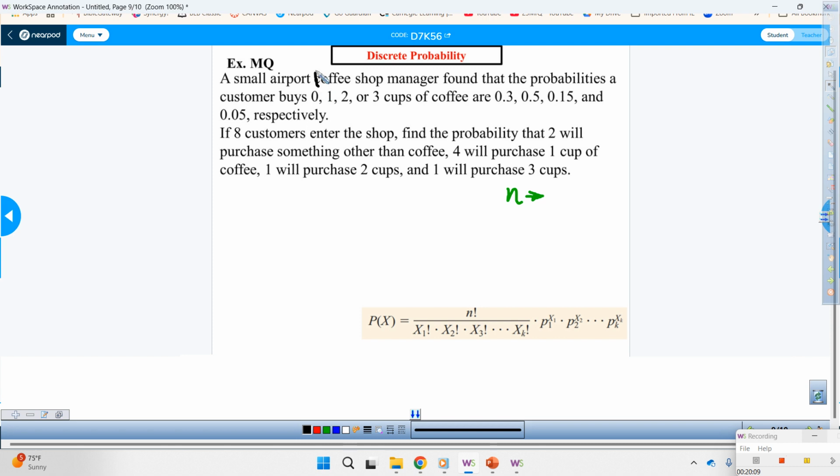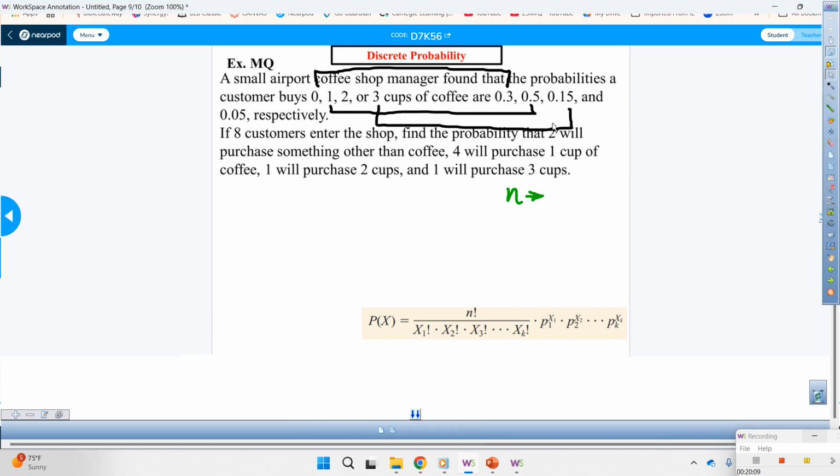So the 0 corresponds to that one, the 1 corresponds to that one, the 2 corresponds to that one, and the 3 corresponds to that one.